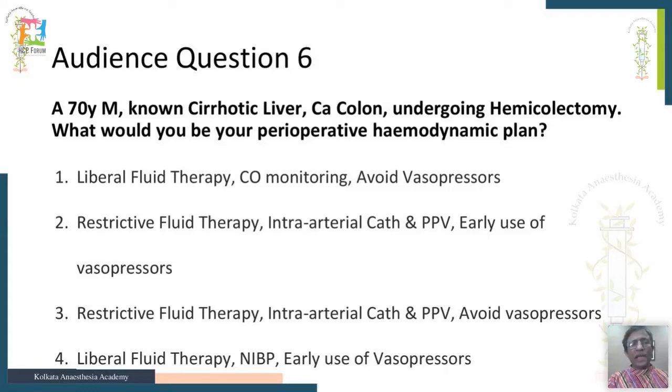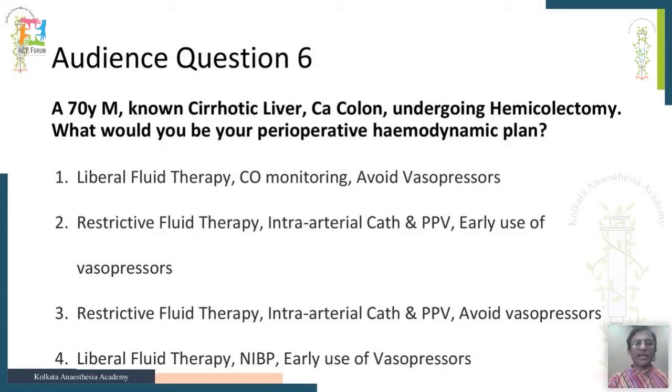So is your plan liberal fluid therapy with cardiac output monitoring and avoiding vasopressors? Or is your plan restrictive fluid therapy and an intra-arterial catheter, looking at pulse pressure variation and early use of vasopressors?